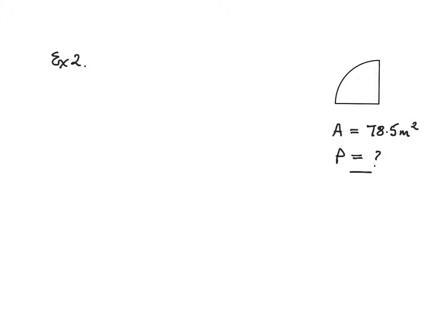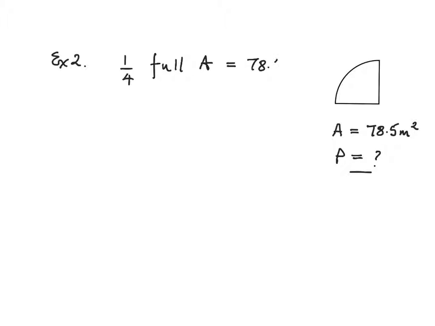Now, what we have to realise is that 78.5 is the area of 1/4 of a full circle. So 1/4 of the full area is 78.5.